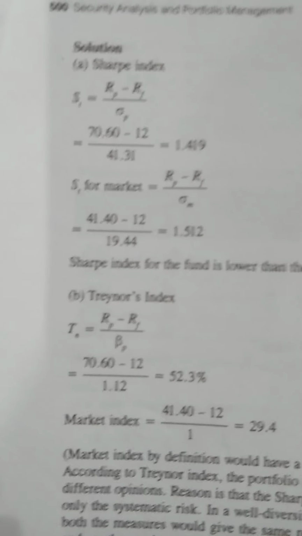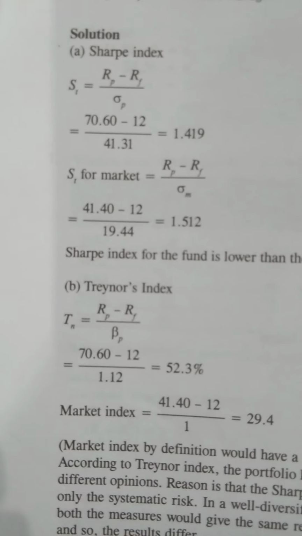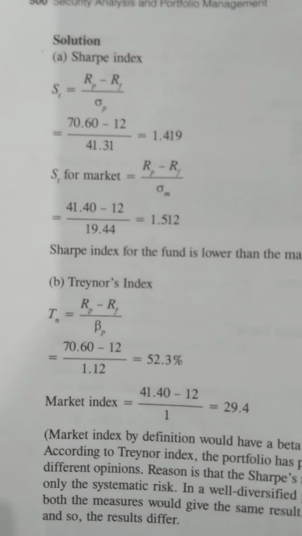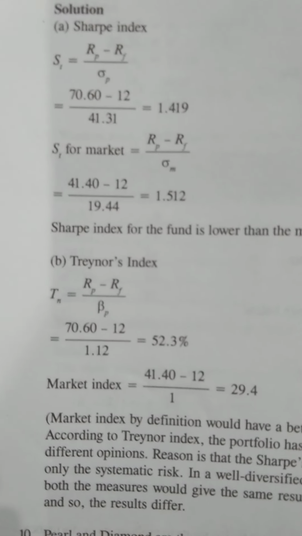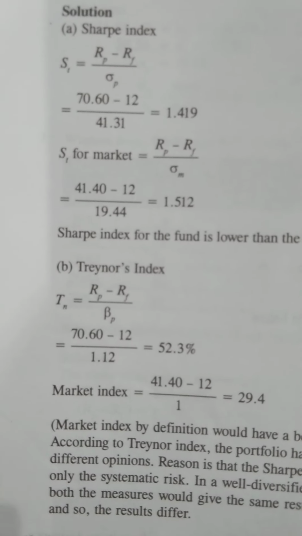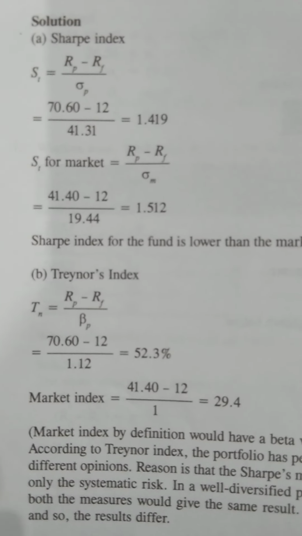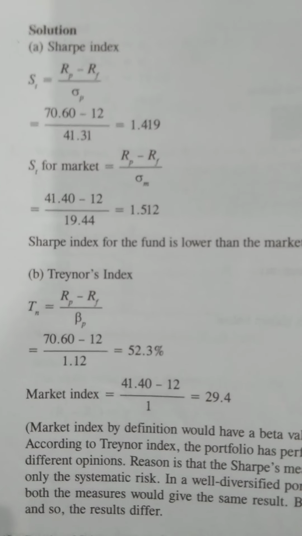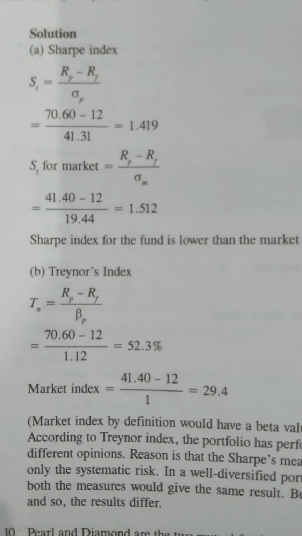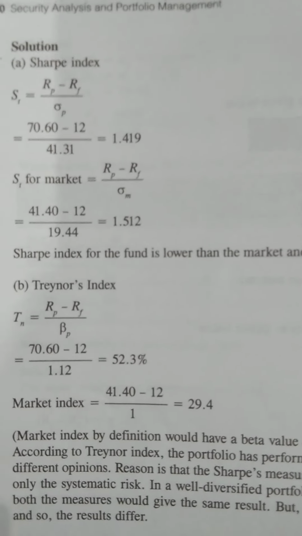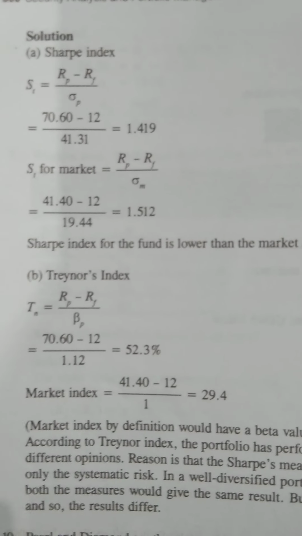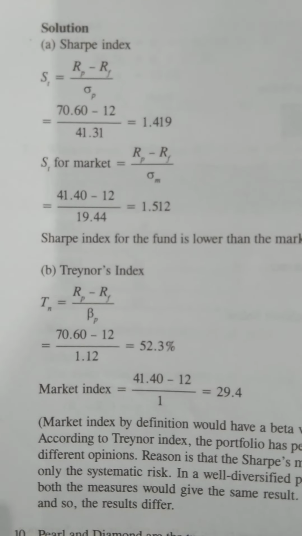Now the Sharpe index, look at the question. Sharpe index is very easy, everything we have done. Return from portfolio, risk free return and sigma of the portfolio are given, so we have calculated. That is the very important thing you must remember. This is the Sharpe index for the fund, and automatically the Sharpe index for the market.